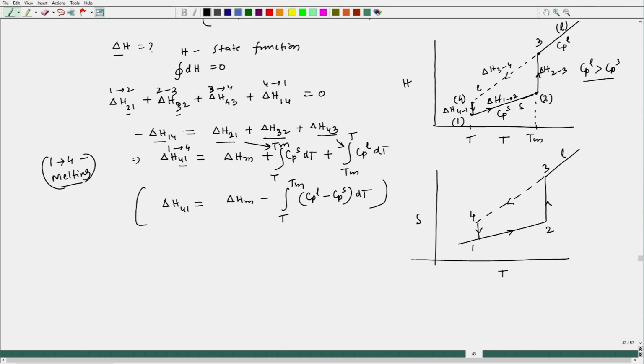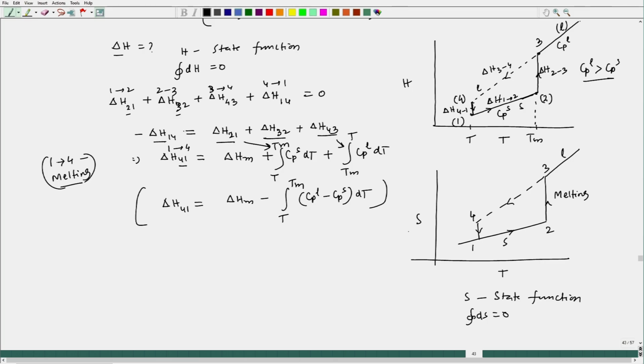And here also, this is liquid, this is solid, and this is melting, and S is also a state function. Hence, it should be 0 for a cyclic process.